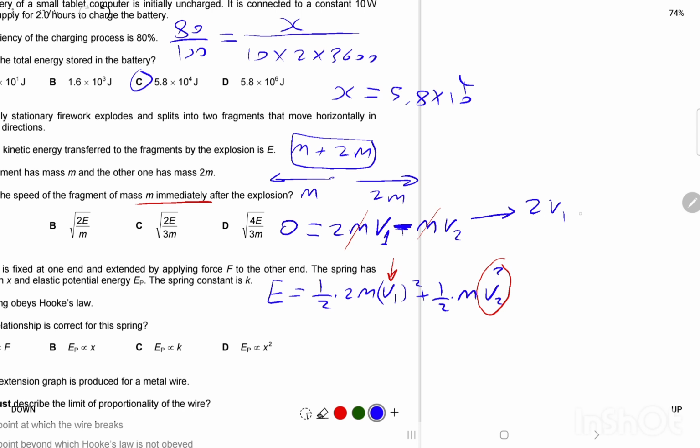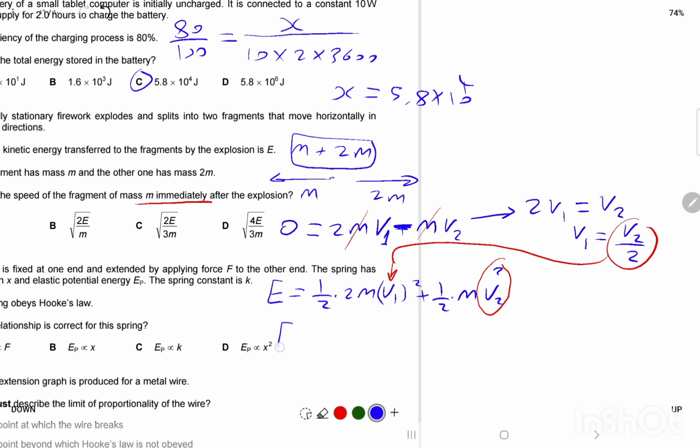So you can say 2v1 is equal to v2. So 2v1 is equal to v2. Now I need to find v1. So I can see now v1 is equal to v2 divided by 2. Now let me replace this amount here in v1.